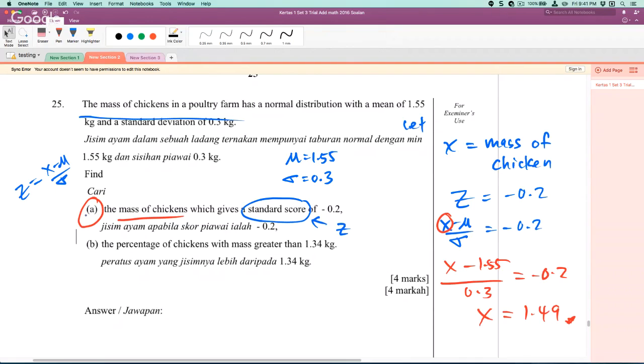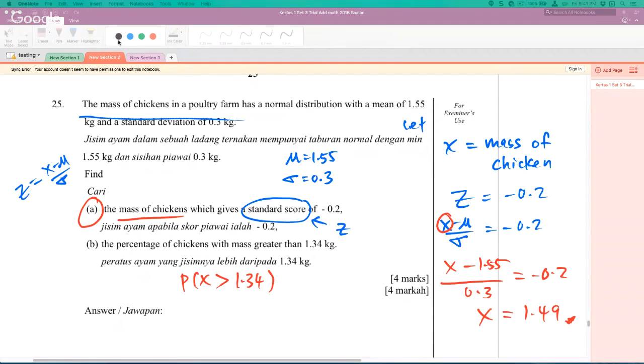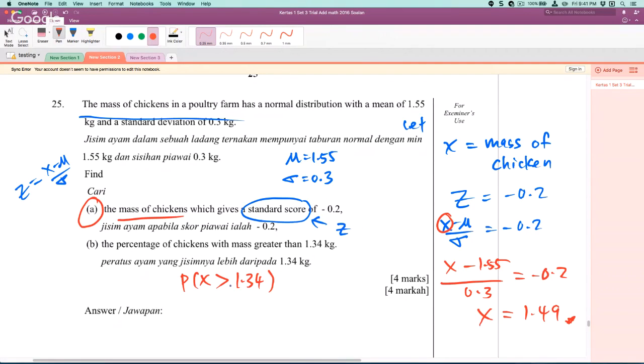And then the percentage of the chicken with the mass greater than 1.34. That means the mass of the chicken needs to be bigger than 1.34. In this topic, a lot of students are so worried whether it is correct if they write the equal sign or if they don't write the equal sign. In this topic, with equal sign and without equal sign, there is no difference at all.